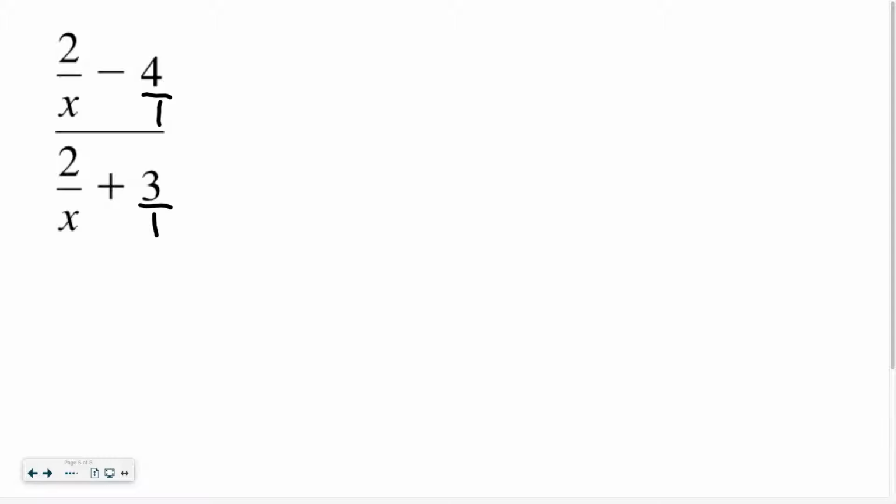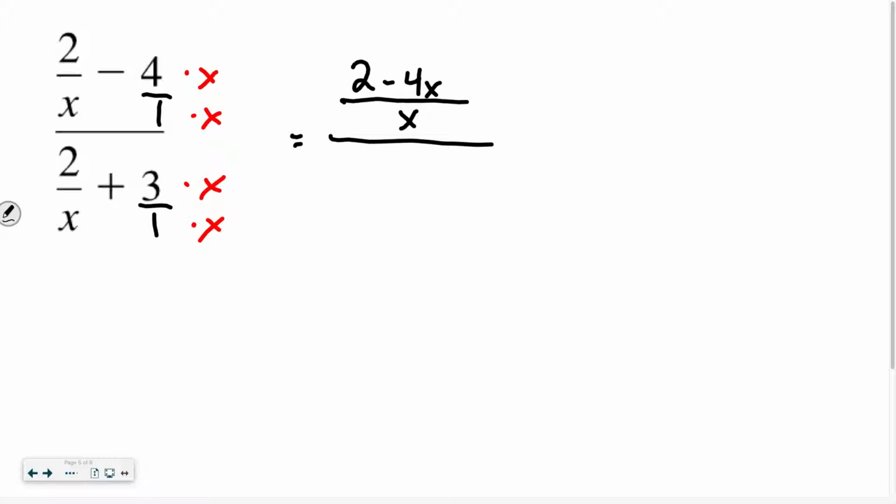You need common denominators, x's. So multiply by x, multiply by x, and all of those. Then your denominator in the numerator is x. And you have 2 minus 4x all over.